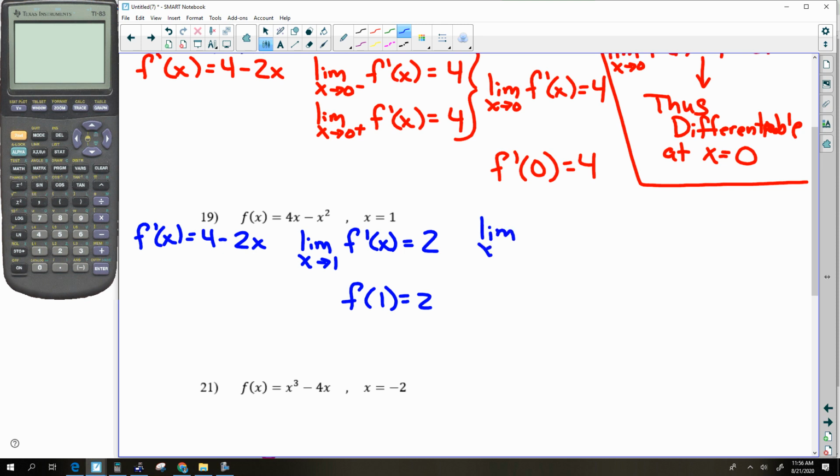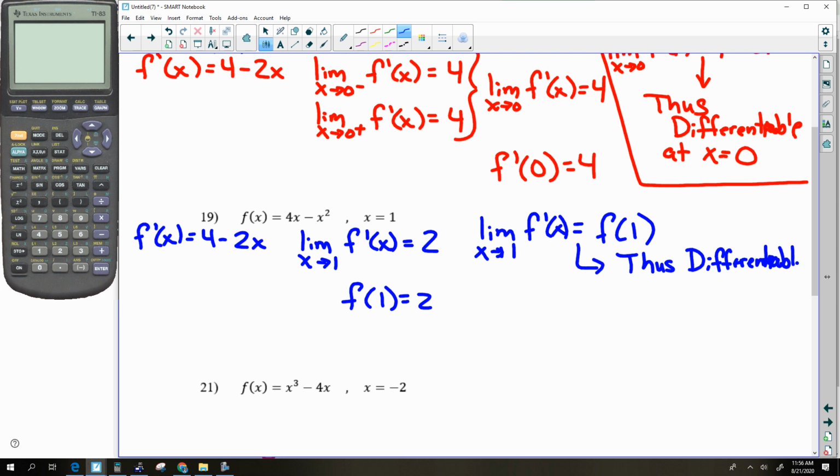The limit as x goes to 1 of f prime of x is equal to f of 1. Sorry, I'm having a brain fart here. Thus, this is differentiable at x is equal to 1.